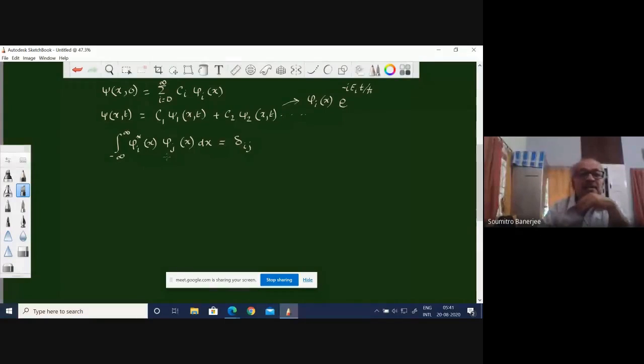Now, let us take this and multiply that by psi_j star and integrate. So let me first write what it was: psi(x, 0). I will multiply that by psi_j star(x).